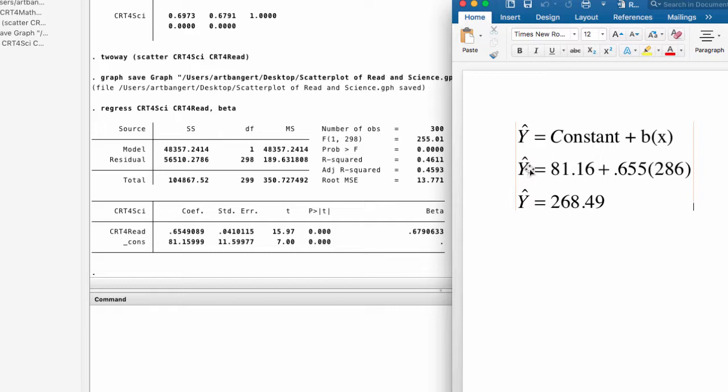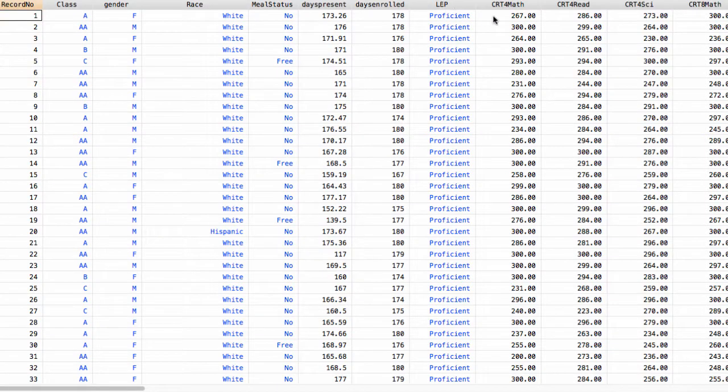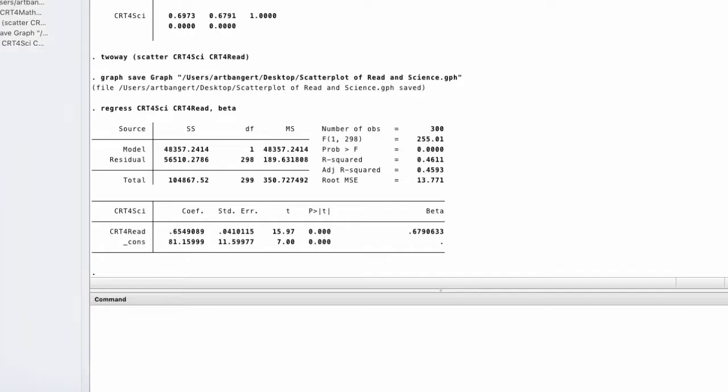So in this case, let's say we want to predict what the science achievement score would be for a student who earned a score of 286 on the reading test. So our regression equation would be 81.16. I get that from the constant, plus 0.655, that's the beta coefficient, times 286, which is the score for the first student in the first record.